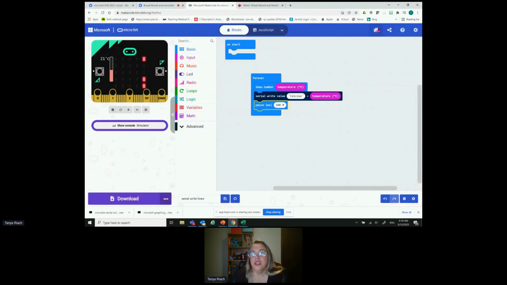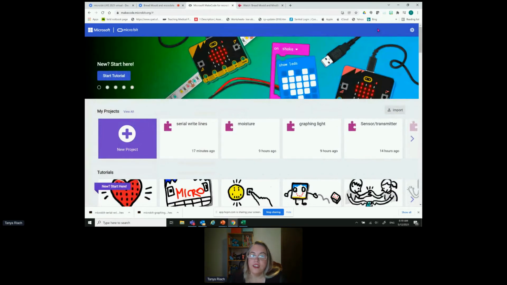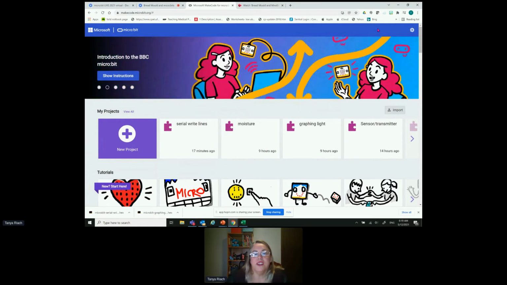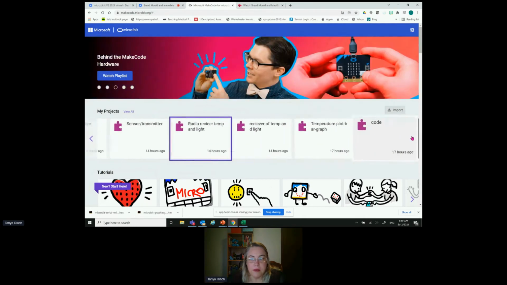Okay, so in MakeCode, when we were looking at different experiments, we could obviously measure different variables. So we've been playing around with them.